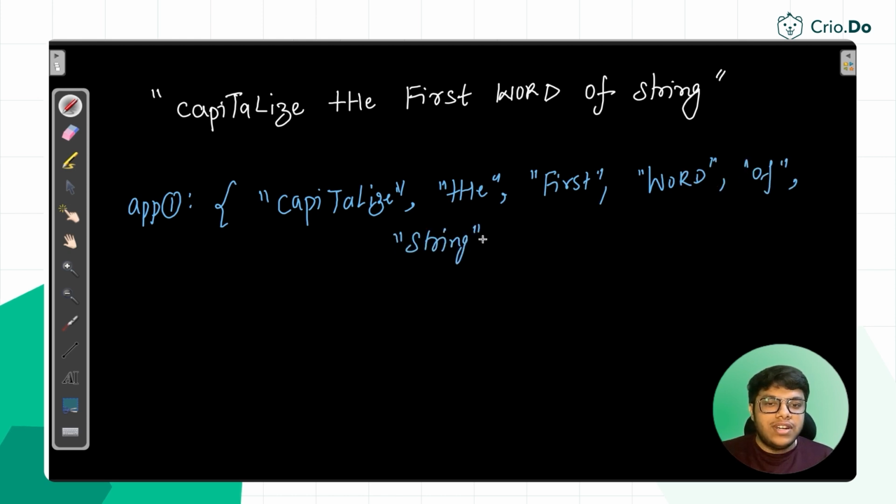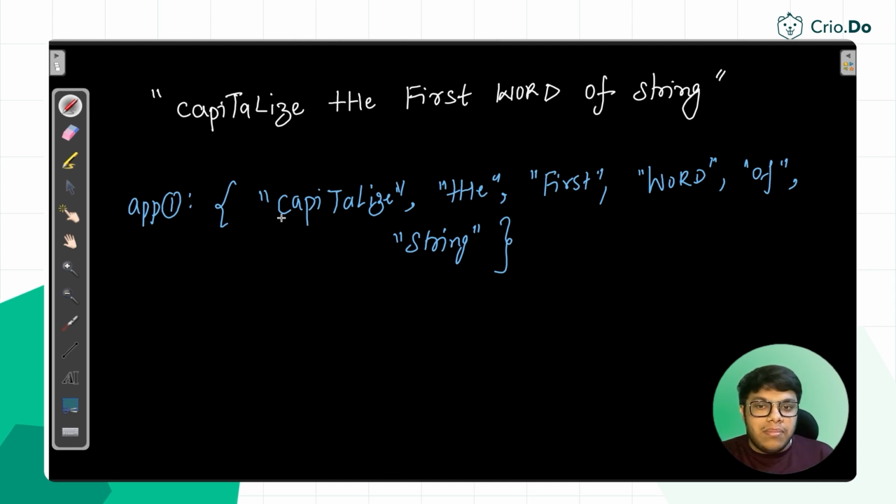So if I somehow insert all these words into an array of strings, splitting the original string on the basis of spaces, then what we can do is capitalize the first letter of every string and make all the other letters smaller.